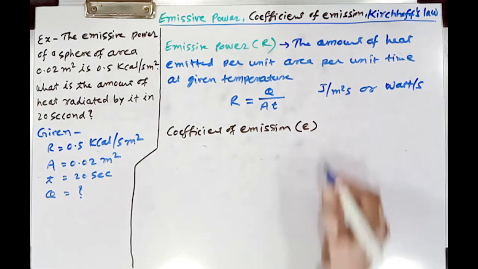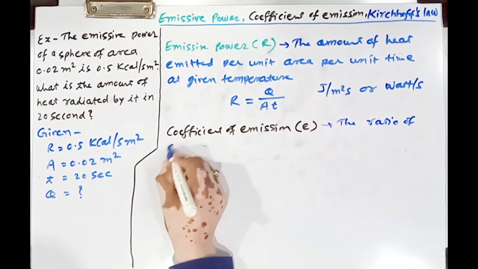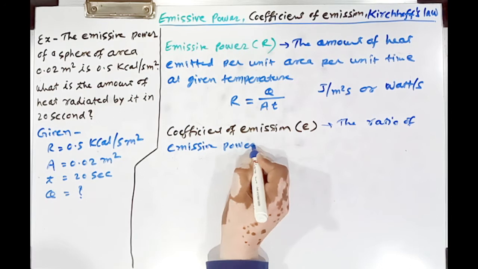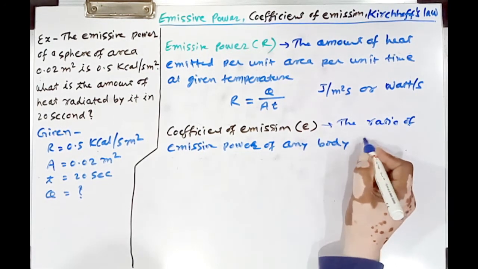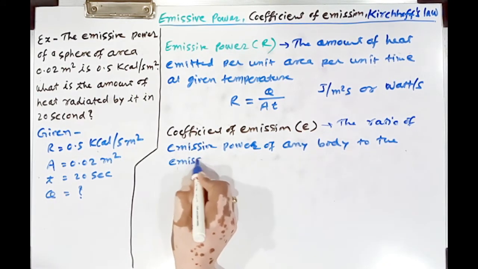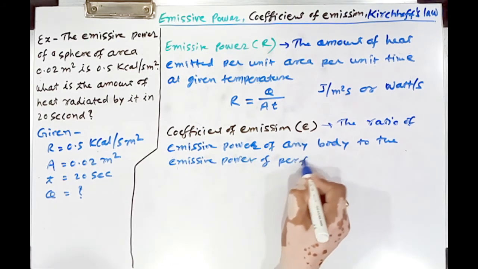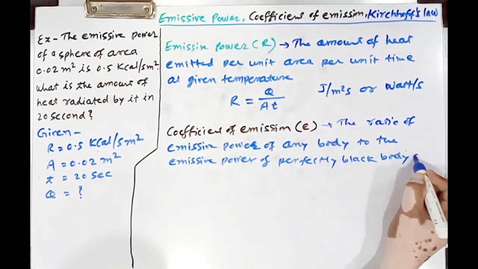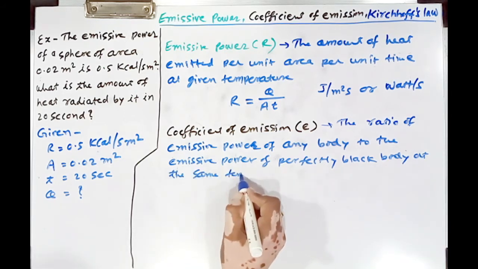It is defined as the ratio of emissive power of any body to the emissive power of a perfectly black body at the same temperature.